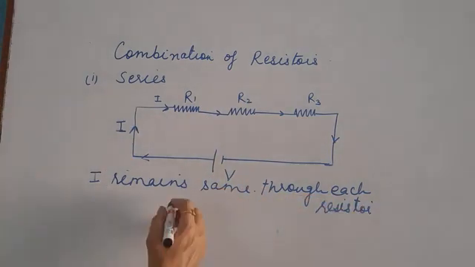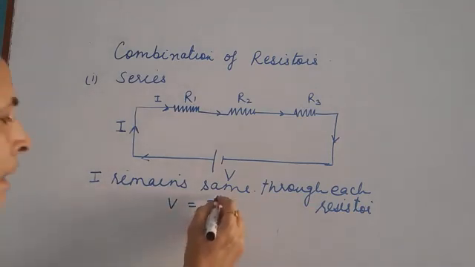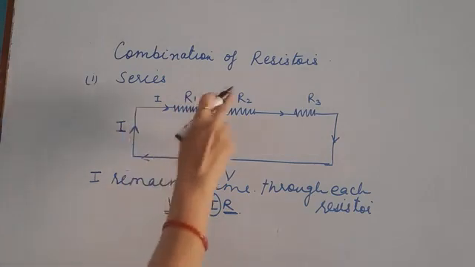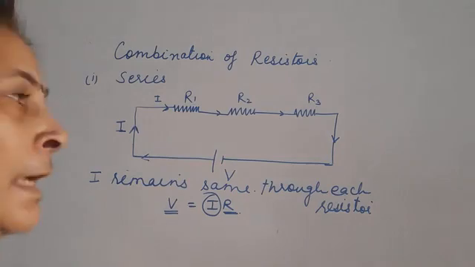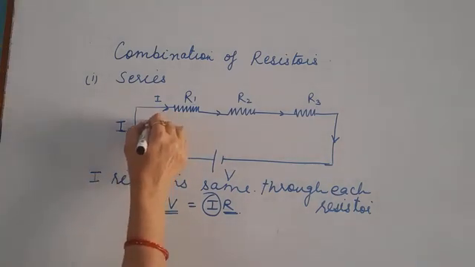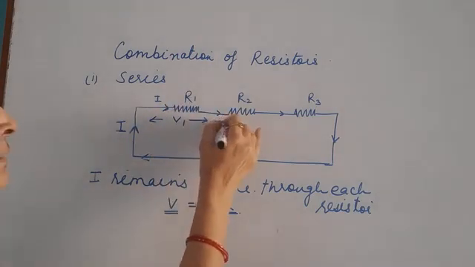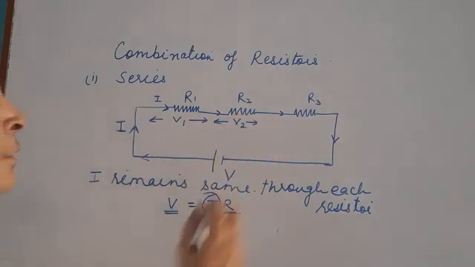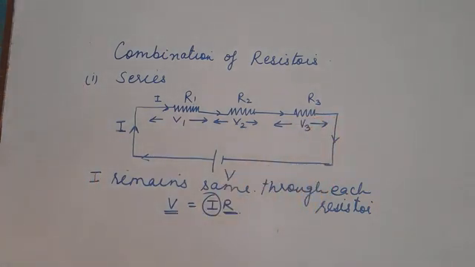What is Ohm's law saying? V equals IR. I is the same, R is different. So the potential difference across each resistor will be different. Let us consider the potential difference V1 across the resistance R1, V2 across R2, and V3 across R3.